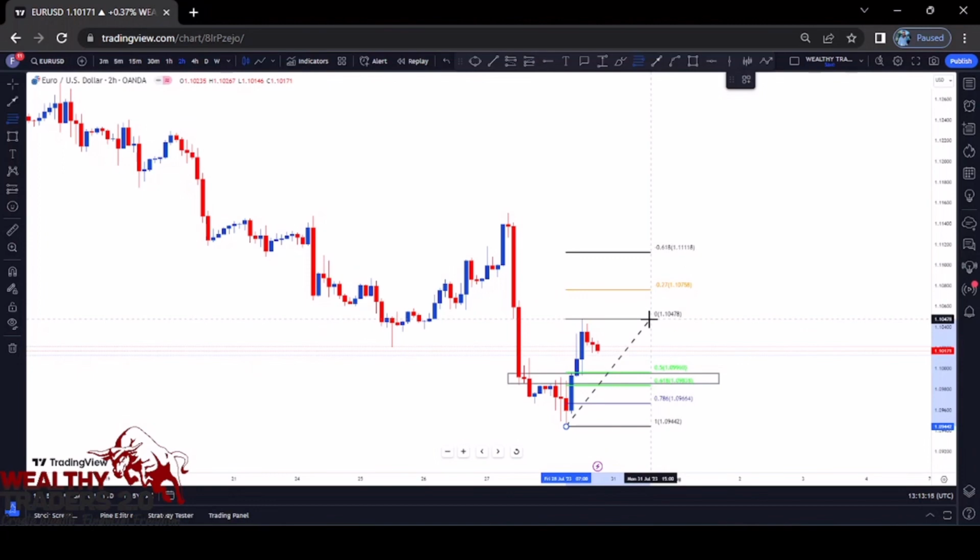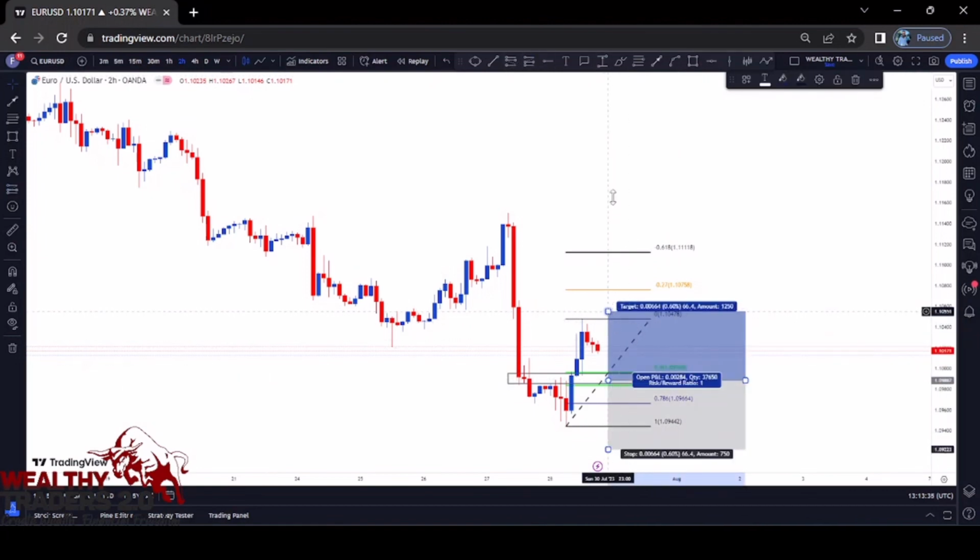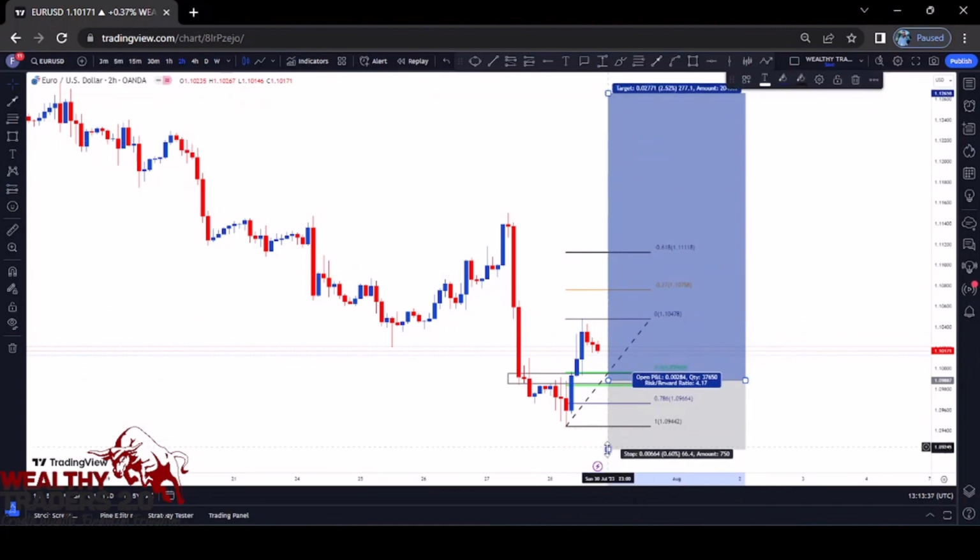And remember, I placed my neckline first. Then after, I placed my Fibonacci. So meaning you can see, I already see where the market is going to turn. So now I'm going to be waiting for the market to be around this area to the upside.